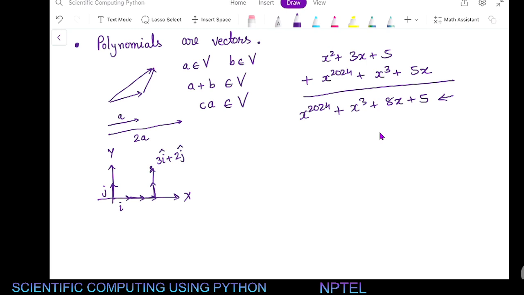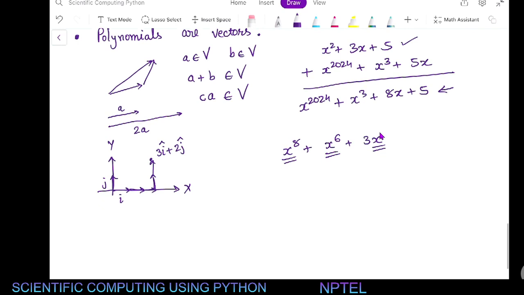Now we can ask what the bases for the polynomials are. We have a polynomial x to the power 8 plus x to the power 6 plus 3x. We can say all these monomials are bases.